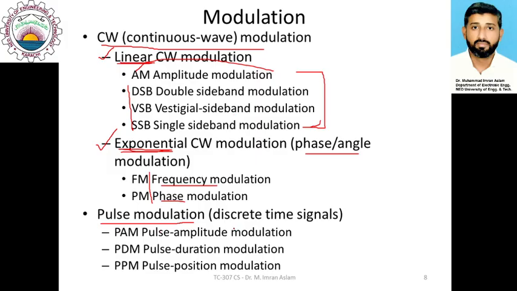Similarly, pulse modulation can be categorized in three different categories: pulse amplitude modulation, pulse duration modulation, or pulse position modulation, as we discussed previously.